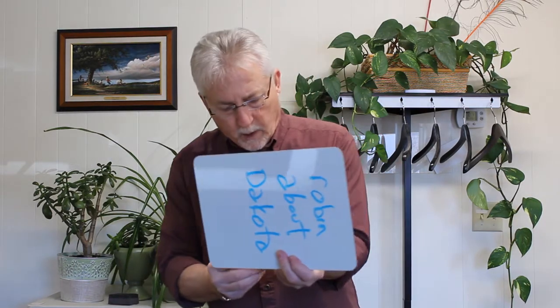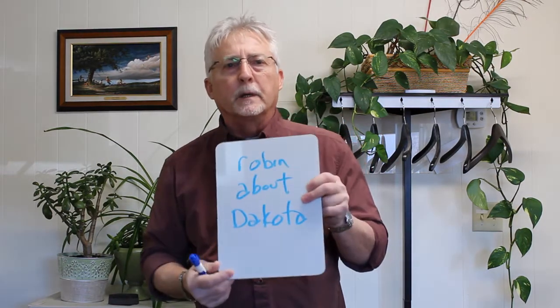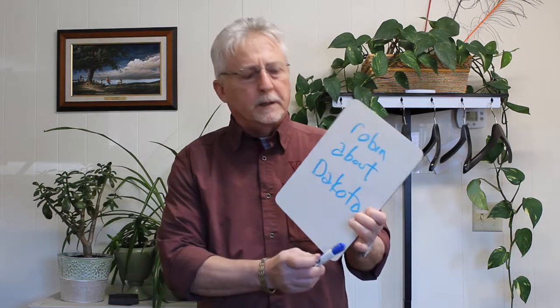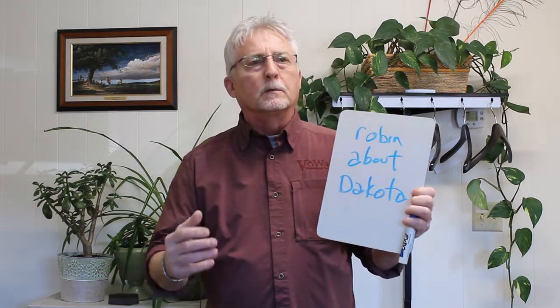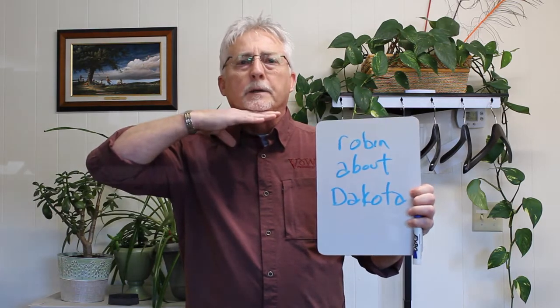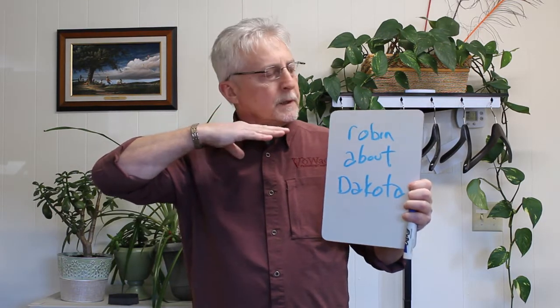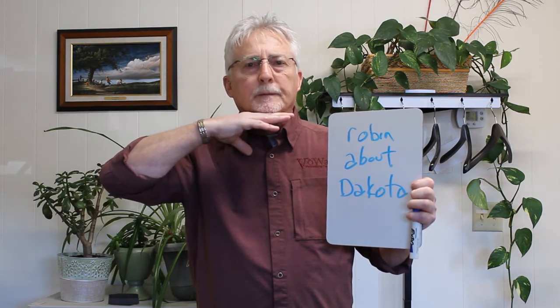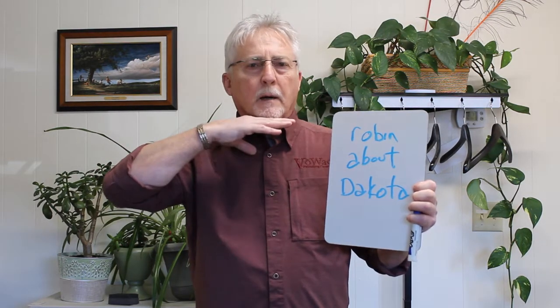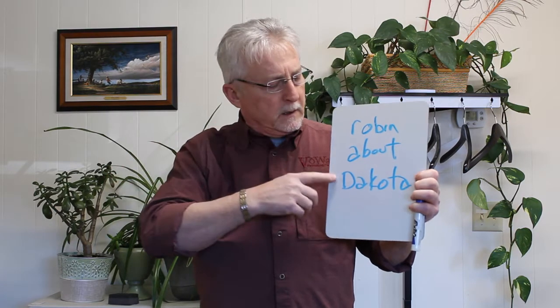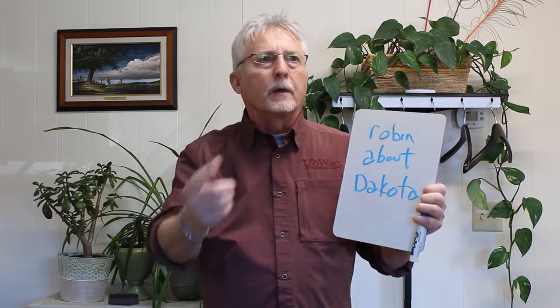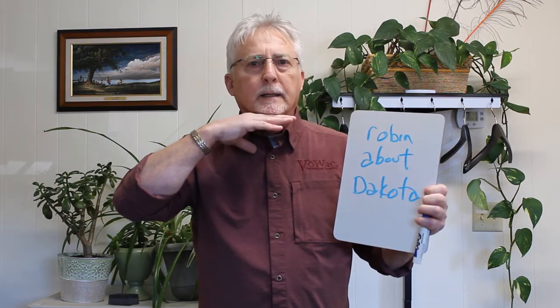If you say these words, robin, about, Dakota, what I want you to do is put your hand underneath your chin and say these words. We'll do the first one, robin, robin. Do the next word, about, about. Do this one, Dakota, Dakota. You can go down south, I'd say Nebraska, Nebraska.